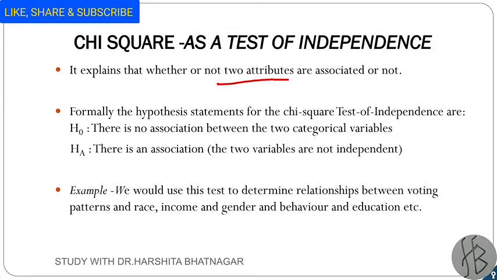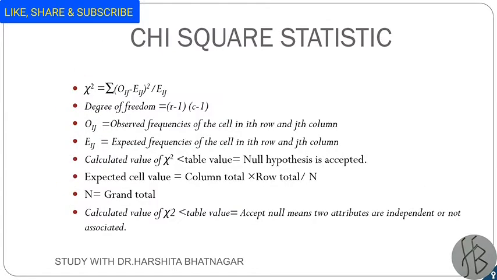In goodness of fit, we study one attribute, whereas in the test of independence we study whether two attributes are associated or not.